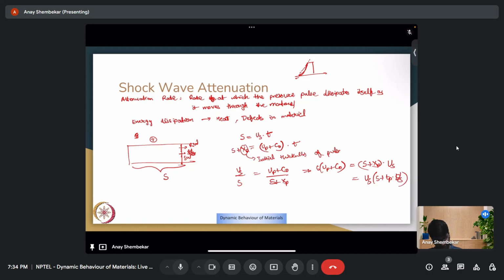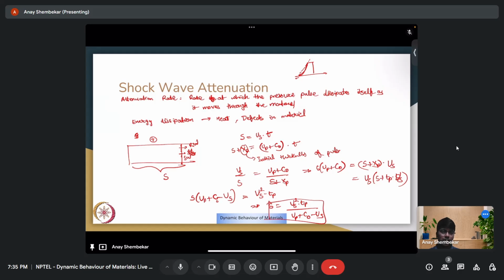If we simplify this, you get S into UP plus C naught minus US is equal to US square into TP, which gives S is equal to US square into TP upon UP plus C naught minus US. So this is a very first order estimate for the distance the shockwave would travel without losing its peak pressure.